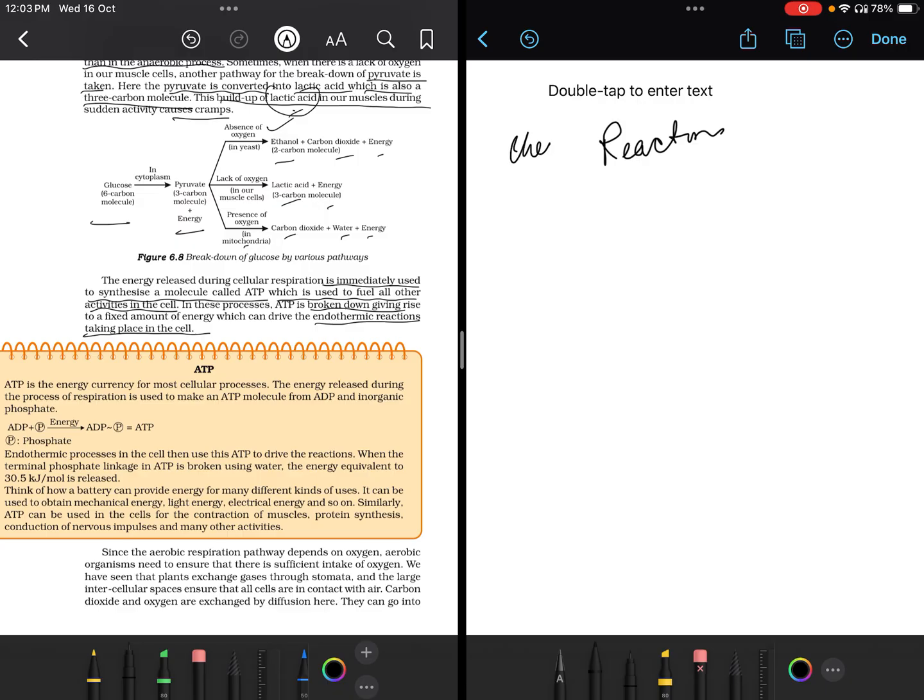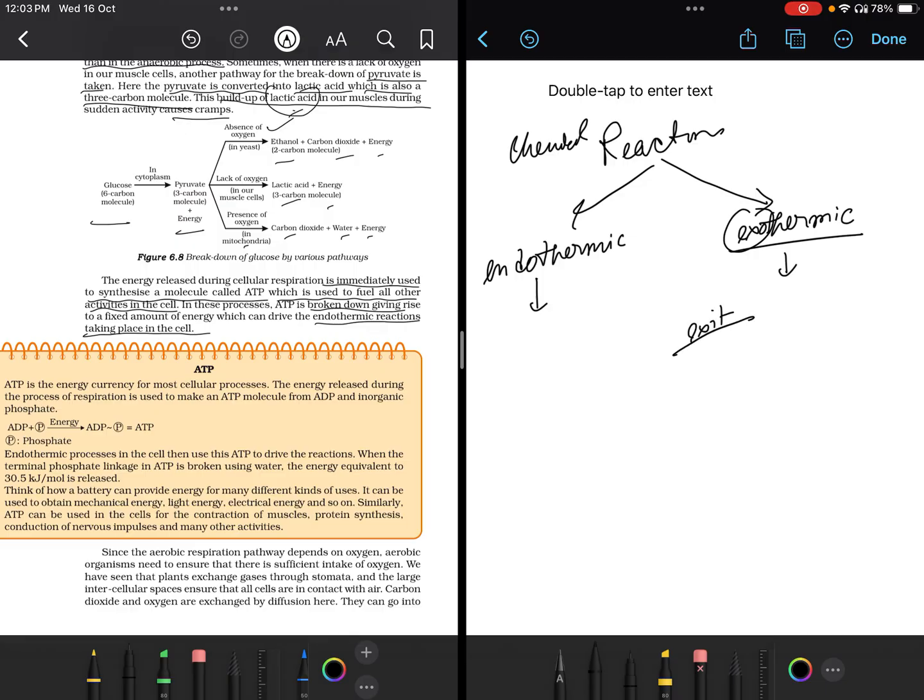Chemical reactions can be endothermic and exothermic. Exo, you just remember exo, exit. So here heat is produced or emitted, energy is released.